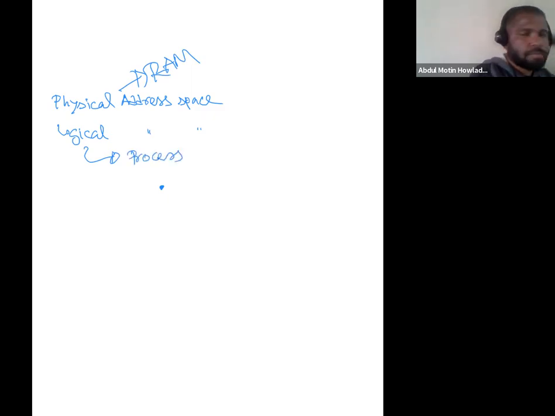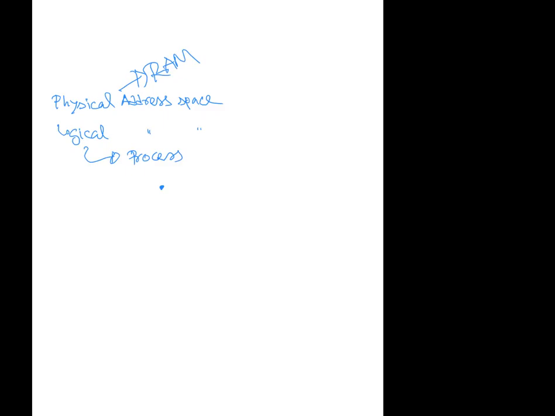What is a process? A process is nothing but a program, the execution phase of a program or of a software. A program is also kind of the executing phase of a process, so we can use them interchangeably. These are almost similar things. So the logical address space is a collection of addresses from our process.